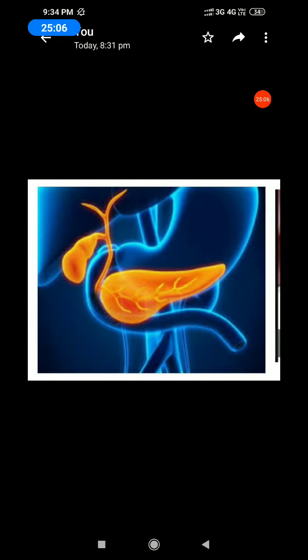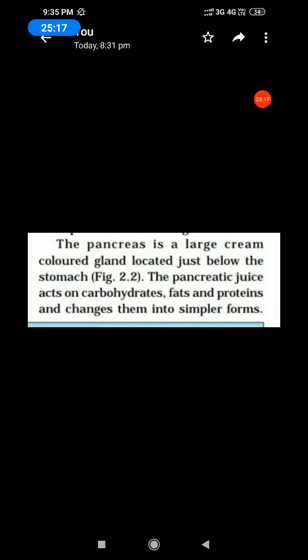Next, the pancreas, the yellow leaf-like structure. The pancreas is a large cream-colored gland located just below the stomach.